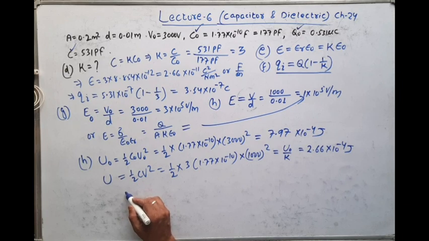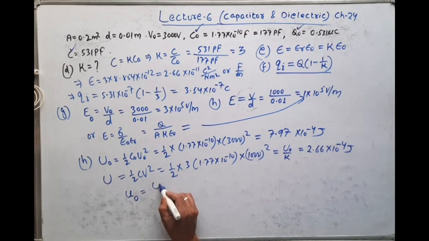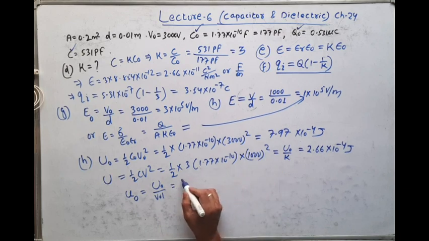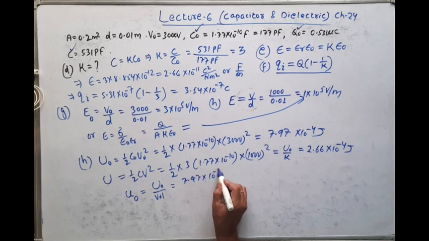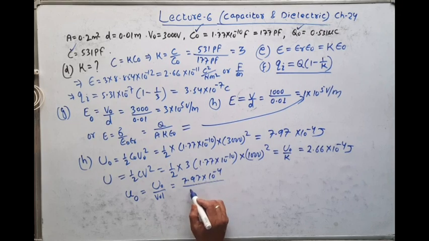Energy density is written as small u, and energy density in the air gap is equal to total energy stored per volume. So total energy stored is 7.97 into 10 to the power minus 4 divided by volume. Volume is equal to the area of the plate into the distance of separation, because within that area the whole dielectric will be there.